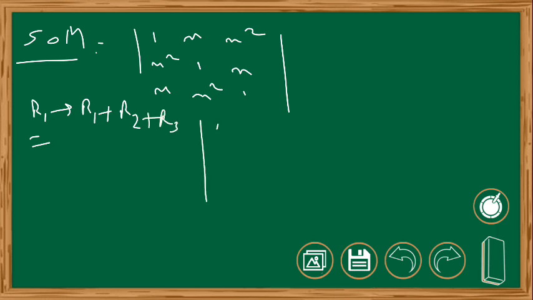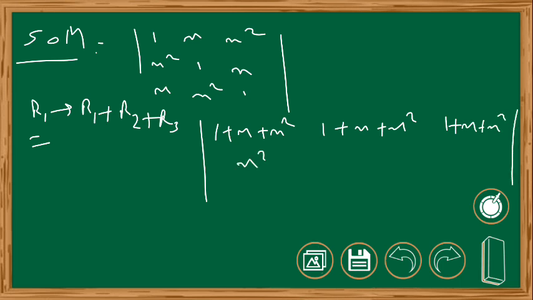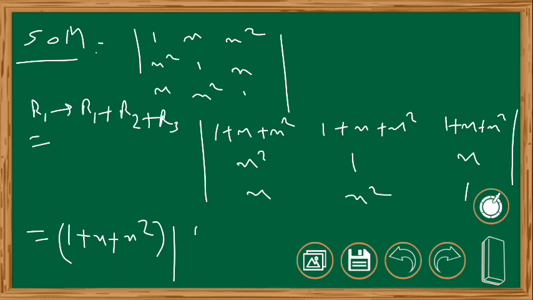This gives 1 plus x square in all three entries. Next, the rows are x square, 1, x and x, x square, 1. I take 1 plus x square common, leaving 1, 1, 1; x square, 1, x; and x, x square, 1. Is that clear?